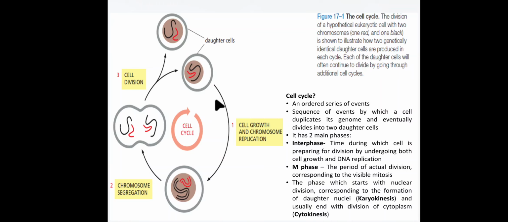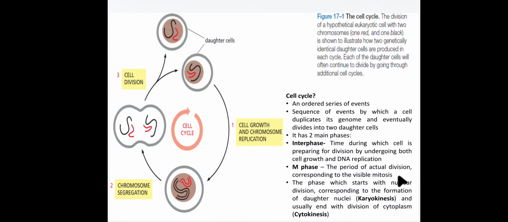It has two main phases, that is interphase and M phase. Interphase is known to be a resting phase, and it is a long phase, the time during which the cell is preparing for division by undergoing both cell growth and DNA replication. M phase is a short period of 1 hour, and the period of M phase differs in organisms, and it is a period of actual division corresponding to visible mitosis.